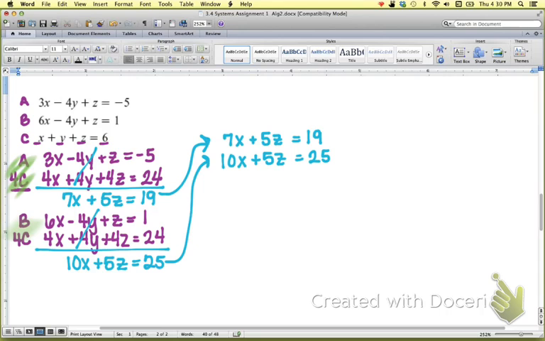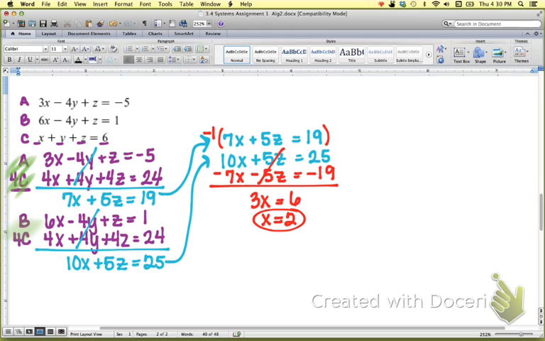I need them to be opposites, however, so I'm going to go ahead and multiply this top one by -1. That gives me negative 7x minus 5z equals negative 19. And now I can add those together. My z's cancel just like they should, and we get 3x equals 6. Dividing by 3 on both sides tells us that x is going to be equal to 2.